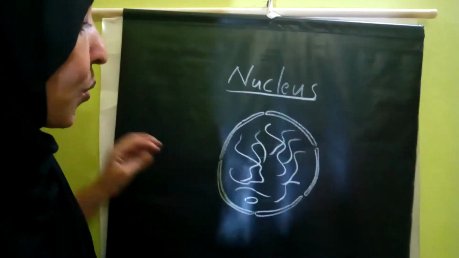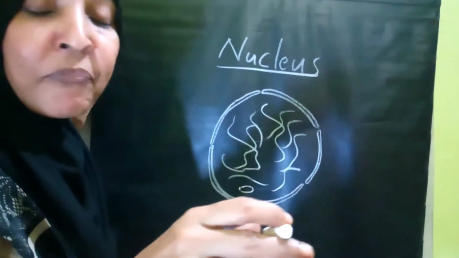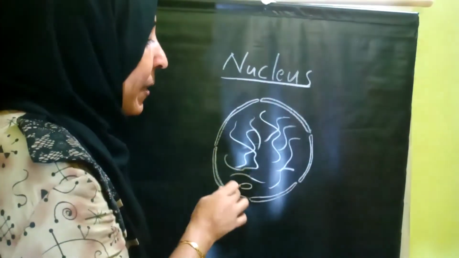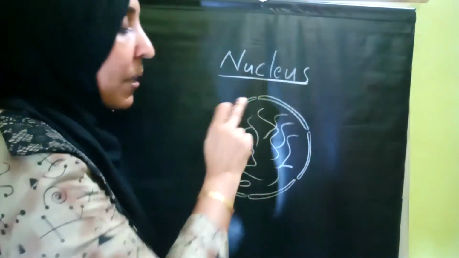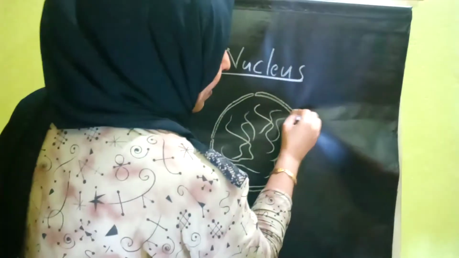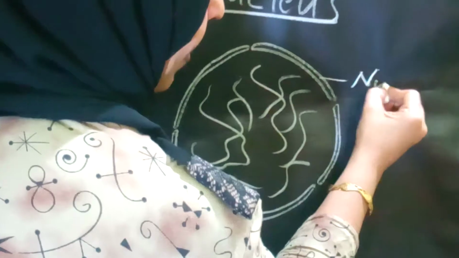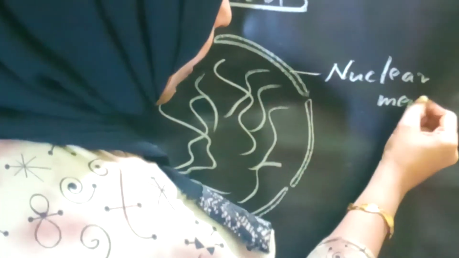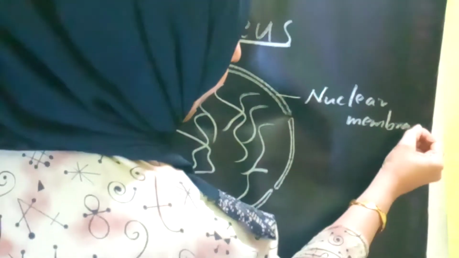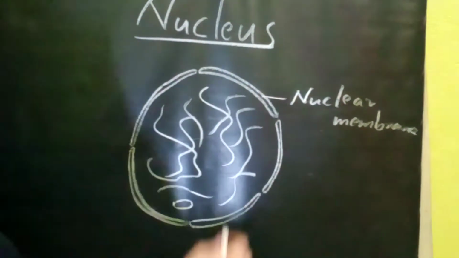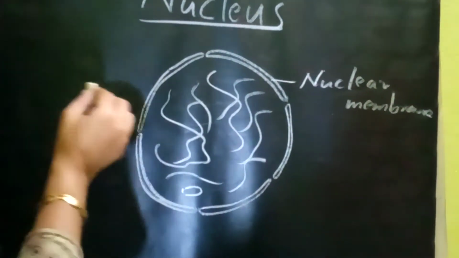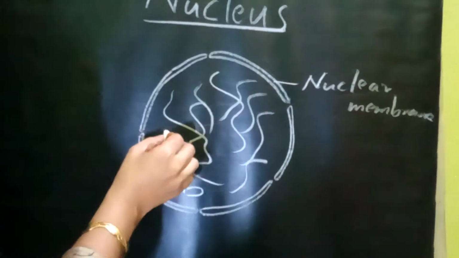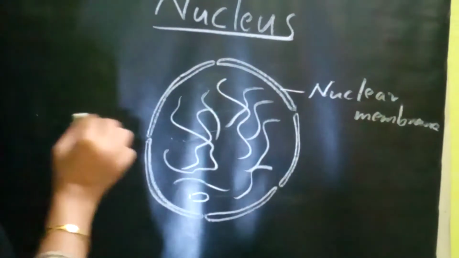Like the cell is covered by a single-layered membrane called the cell membrane, the nucleus is also covered by a membrane, not single-layered but double-layered. This membrane is called the nuclear membrane. Between the nucleus and the cytoplasm, materials want to be transported.